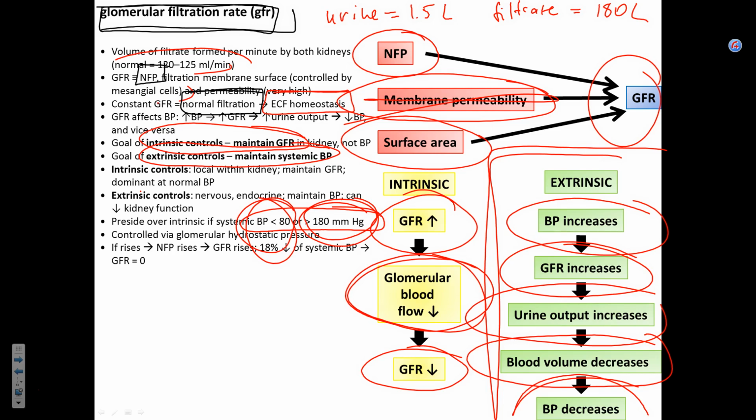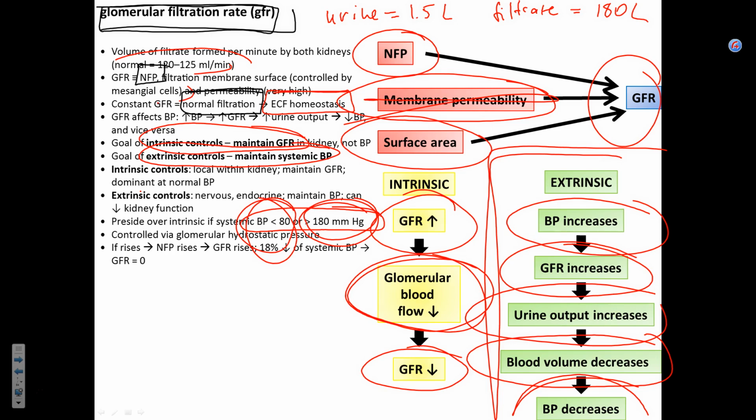So intrinsic controls will participate in minute-to-minute regulation, like small adjustments to varying blood pressure. Extrinsic controls will be responsible for more robust, more systemic changes.